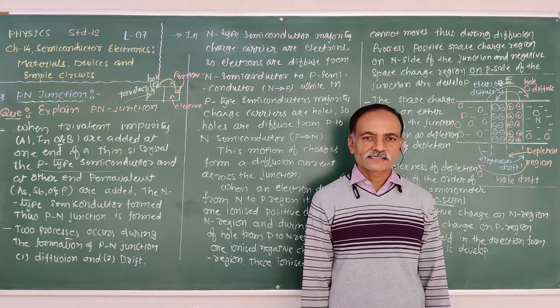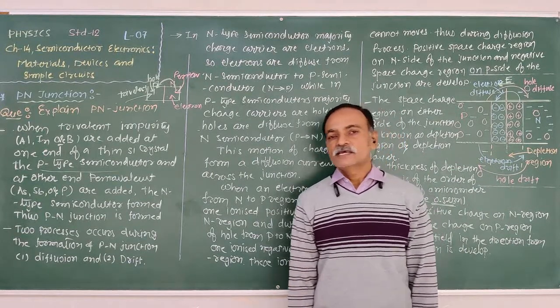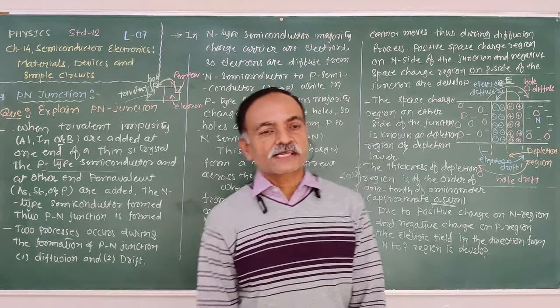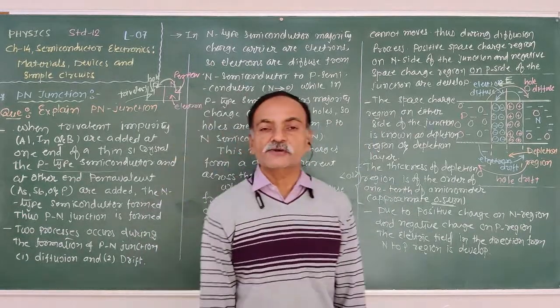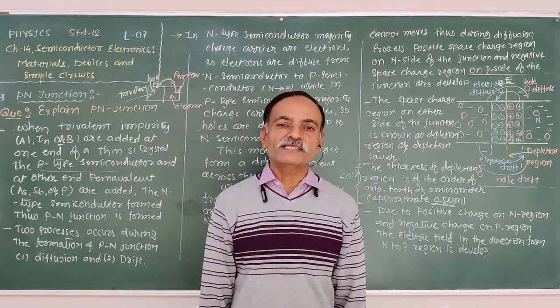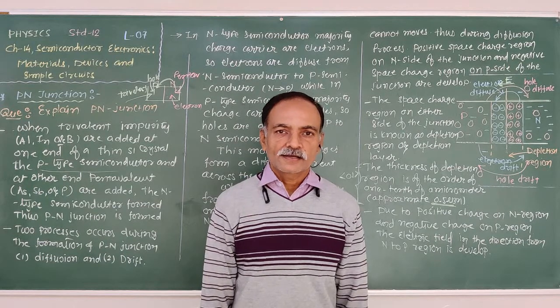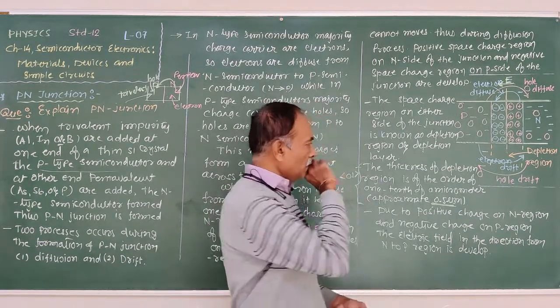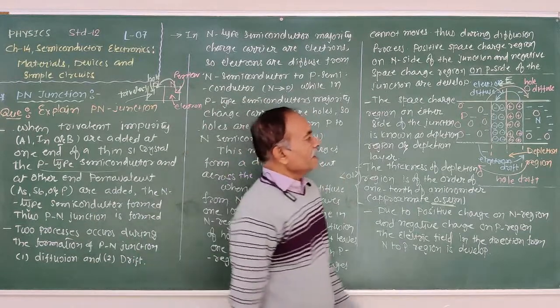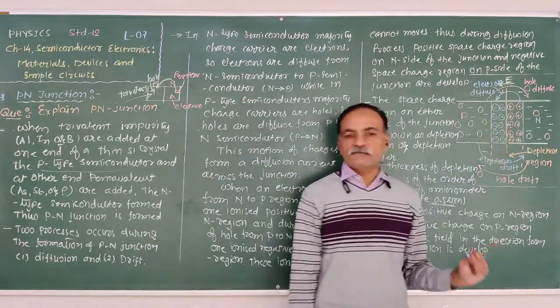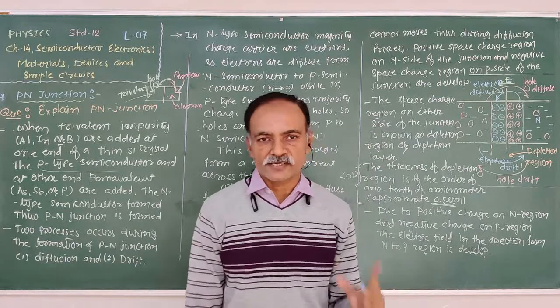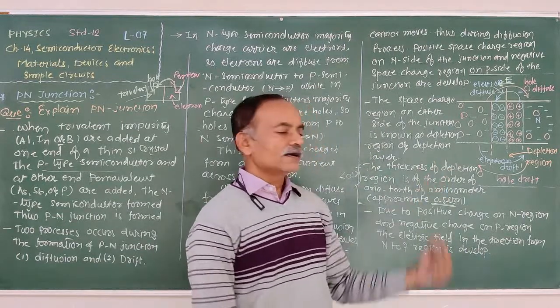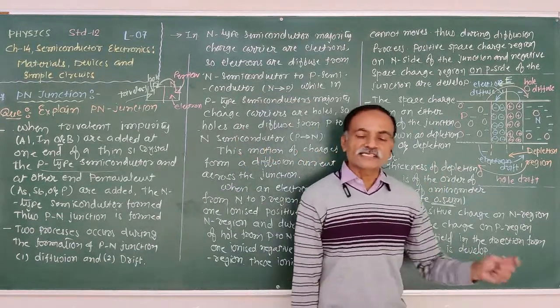Clear? Okay. So that is the diffusion process, or the diffusion current, that takes place during the formation of the p-n junction. Now, how is the drift current developed? Now, this electric field is established near the junction. So, as a result, what happens?